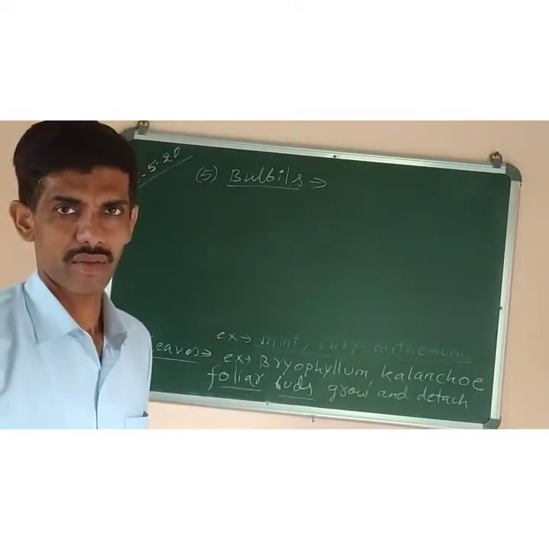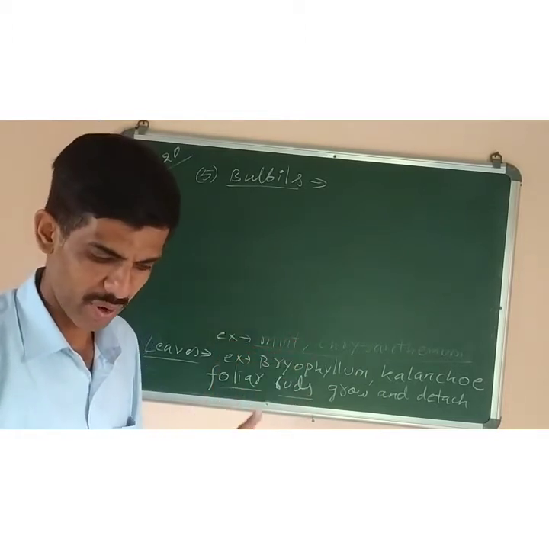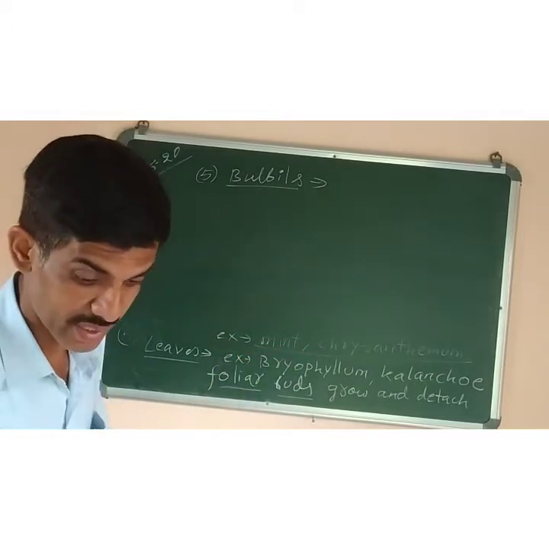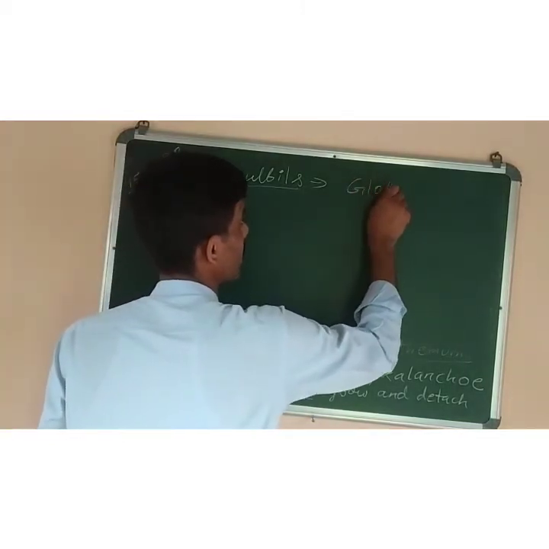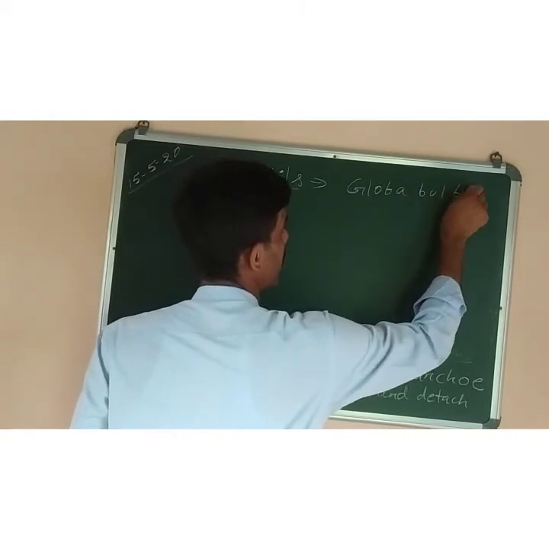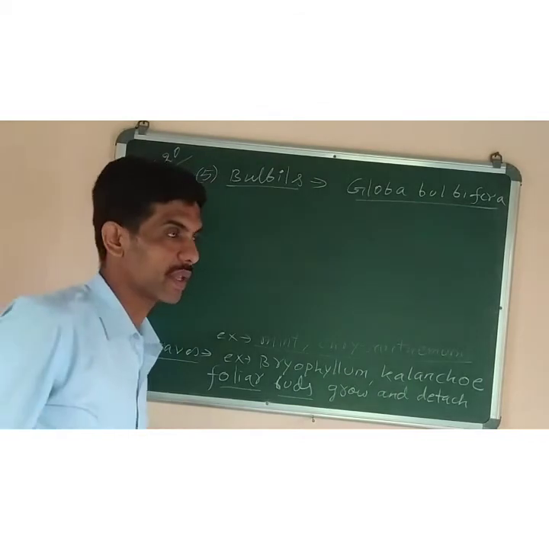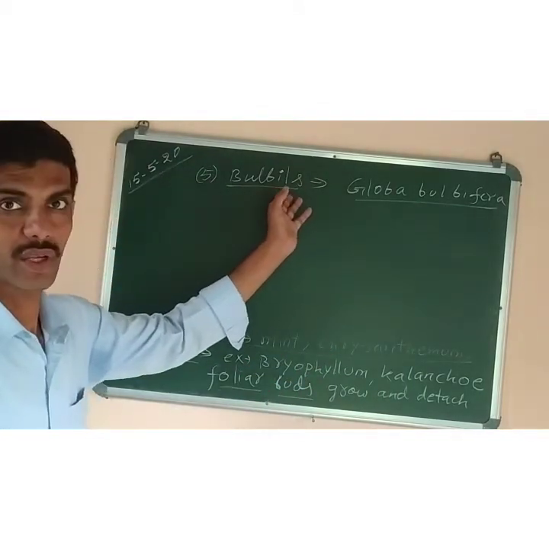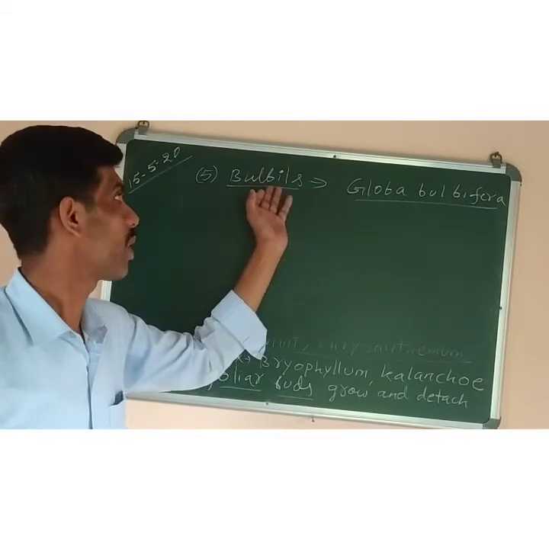Bulbils are found in the axil of the leaves, particularly they are a type of inflorescence. So definition you write. First example, Globba bulbifera, the name of the plant where it is found. In Globba bulbifera, this is the example of the plant which can reproduce vegetatively from the bulbils.